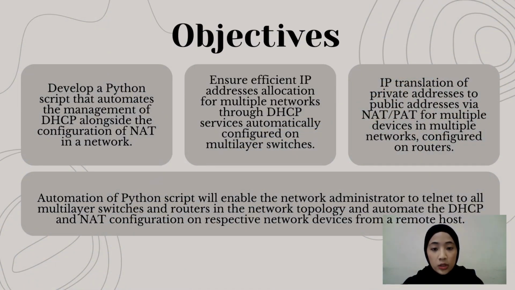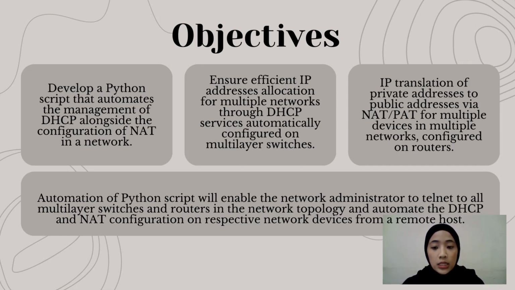The next one is objective. The first is to develop a Python script that automates the management of DHCP alongside the configuration of NAT in a network. The second is to ensure efficient IP address allocation for multiple networks through DHCP services automatically configured on multi-layer switches. The third is IP translation of private addresses to public addresses via NAT or PAT for multiple devices in multiple networks configured on routers.